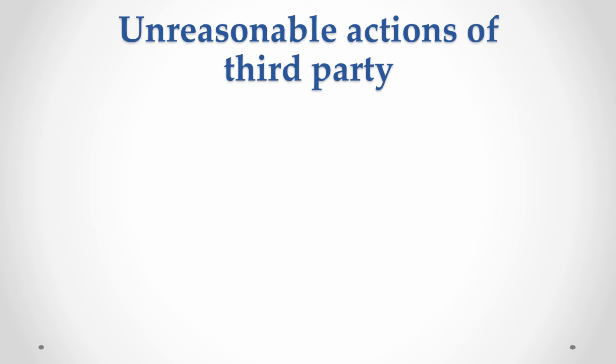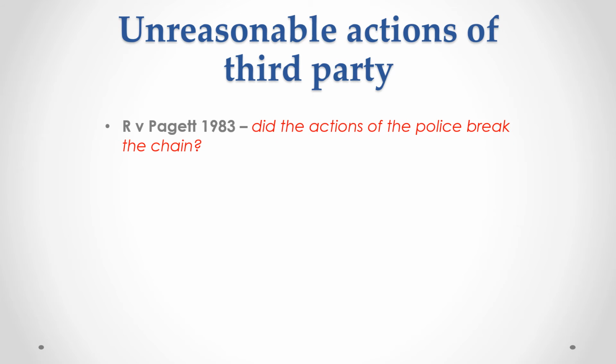Very much the same for any actions of a third party. Are they unreasonable? If they are, they will break the chain. If they're reasonable, they won't. So Paget is a good example of this. The actions of the police were deemed not to be unreasonable.